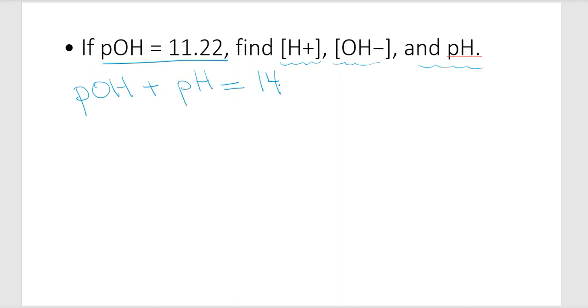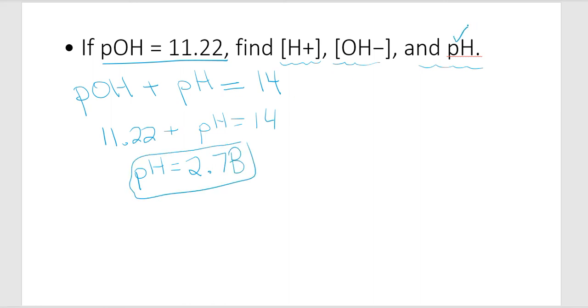As long as you look at your chart, whatever corner you're in, you can go horizontally or vertically. You can't go diagonally though. So pOH is 11.22. We're trying to find our pH. So if we subtract that from 14 on both sides, we end up with 14 minus 11.22, which is 2.78. Cool, so we found our pH.